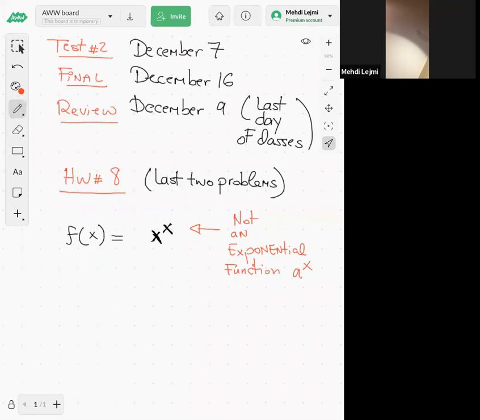Here in the base you have x, of course, an exponent, but in the base this is not a constant. That's your variable x. So this function f of x is not an exponential function.